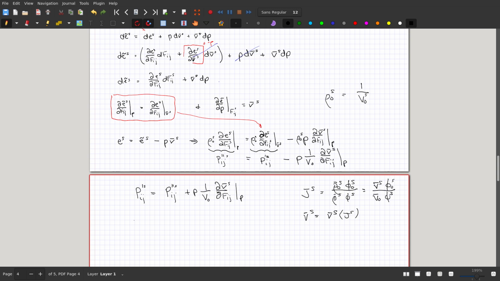So again, P prime of S is equal to P double prime of S plus P, 1 over V0 partial V of S partial J of S, partial J of S partial Fij.